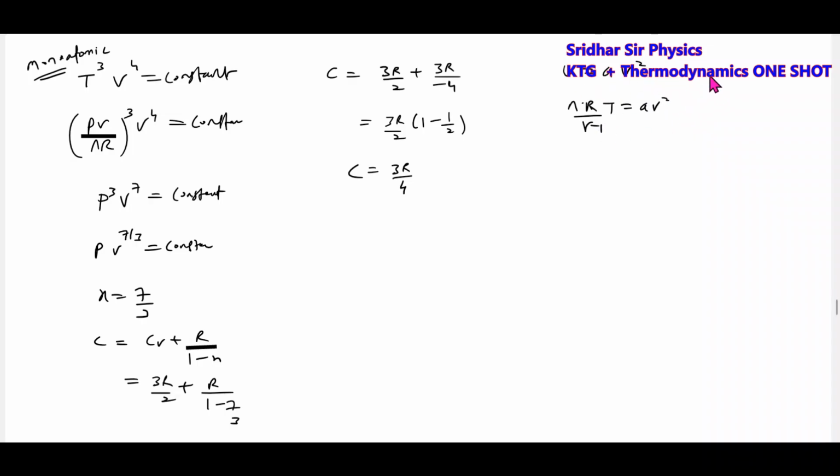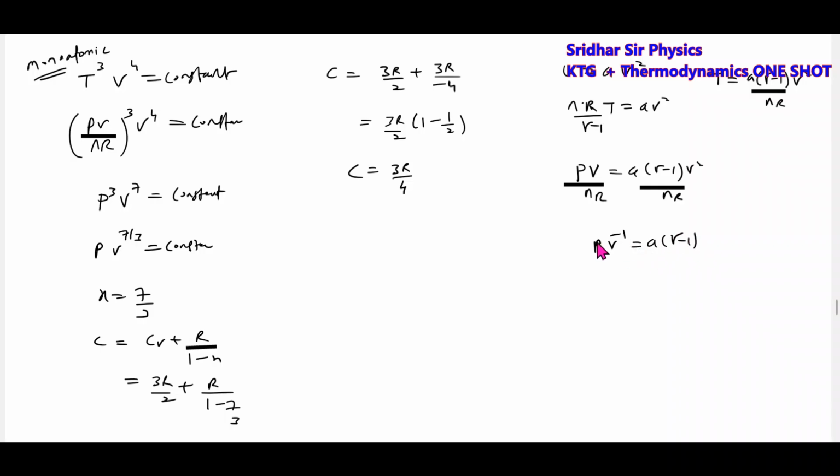So this equation now will become T is equal to A by (gamma minus 1) nR V squared. T I can write as PV by nR. nR gets cancelled. So P V to the power of minus 1 equals A by gamma minus 1.